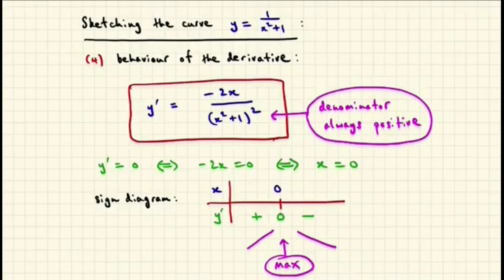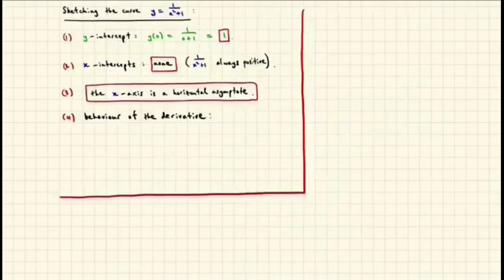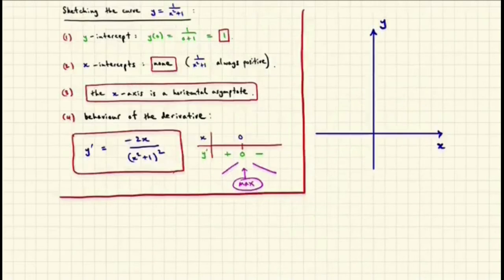We can put all of this information together, locating the y-intercept, the fact that the x-axis is an asymptote, and the turning point of x equals 0. The qualitative behavior parallels what we saw when we analyzed the Gaussian curve, y equals e to the minus x squared, in an earlier video.